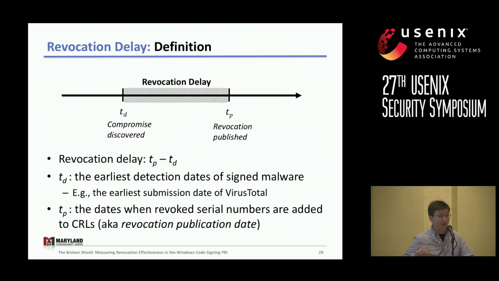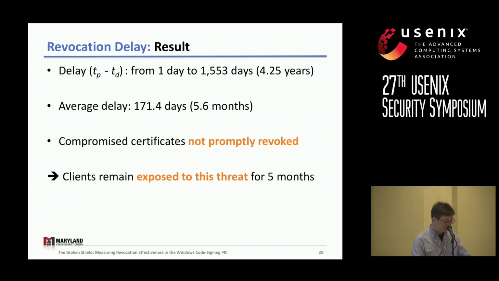So what is the revocation delay? Revocation delay is the delay between when the compromised certificate appears in the wild and the date when the compromised certificate is revoked. We define TD as the earliest submission date on VirusTotal, and TP as the date of revocation when the revoked serial number appears in the CRL.